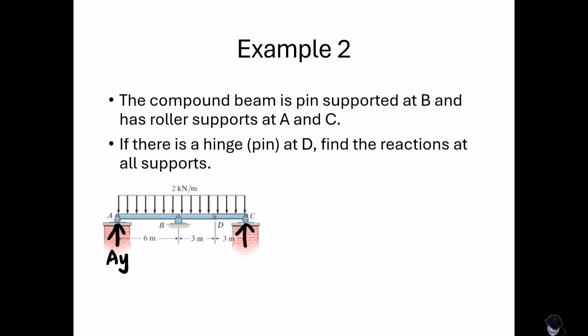BY, BX, because B is a pin, and C is also a roller, we only have CY. So how to solve this problem? So we can cut this structure at the pin D.